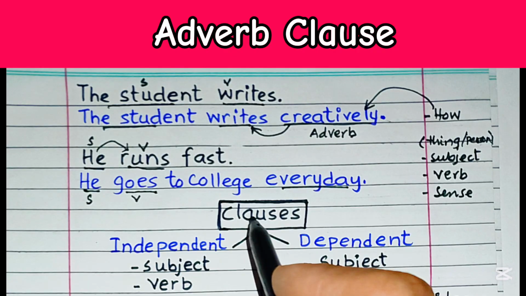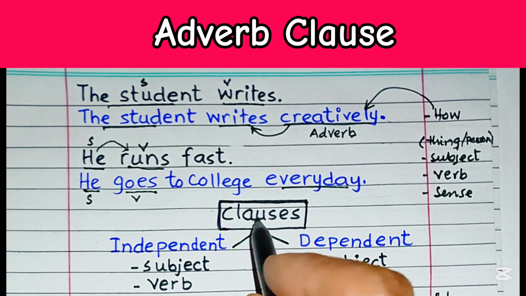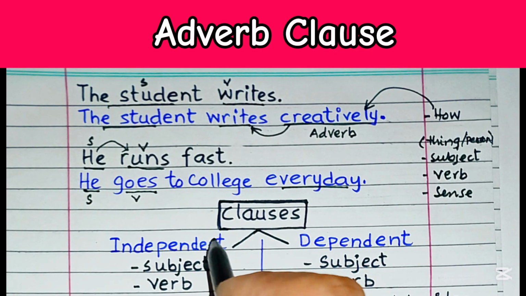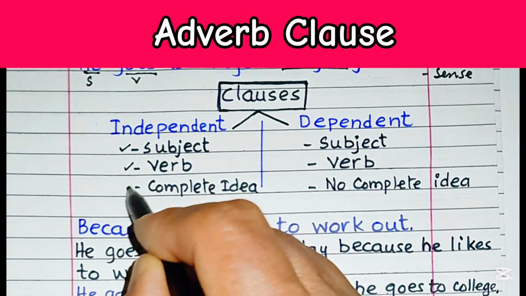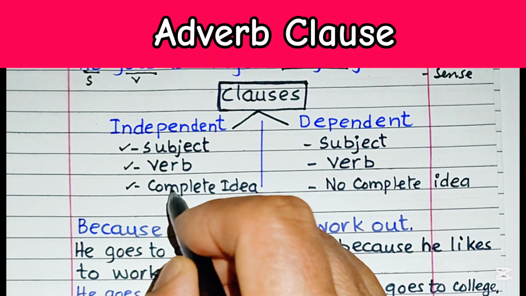There are clauses that give us a complete sense, a complete sentence by themselves, because they have a subject, they have a verb, and there is always going to be a complete idea: subject, verb, and complete idea.